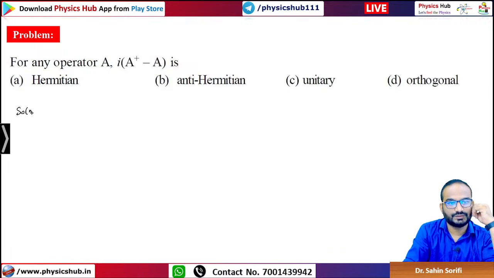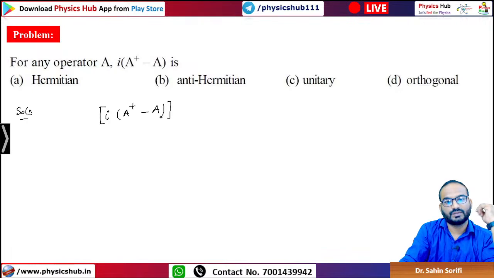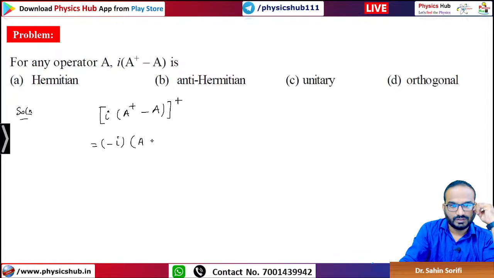Okay, let's do this. A times A dagger minus A. To check Hermitian, what do we have to do? We have to take the dagger. Taking the dagger, I will be minus I, right? A dagger dagger is A, and this is A dagger.